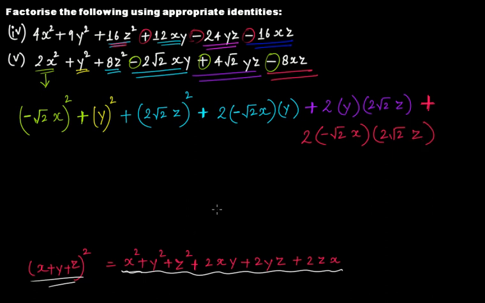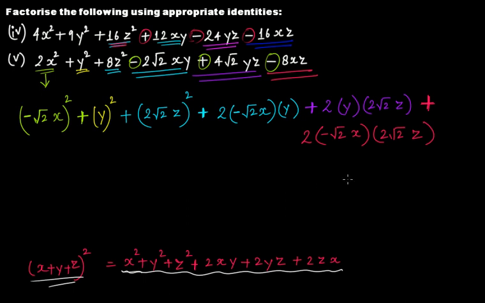This gives you 2 multiplied by 2 is 4, multiplied by square root 2 multiplied by square root 2, which will give you 2. So 4 times 2 is 8, minus 8xz, that's what we have here.